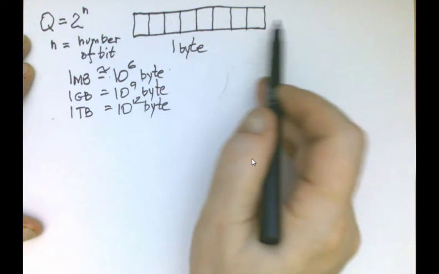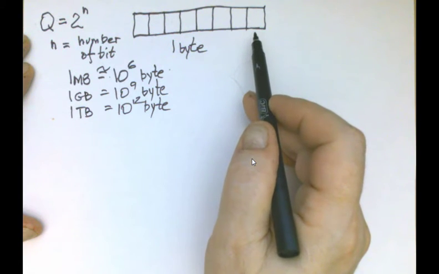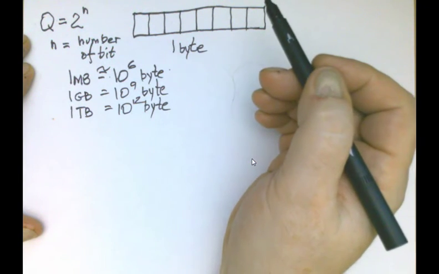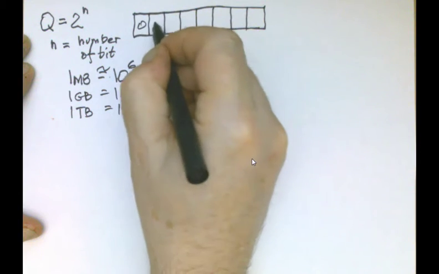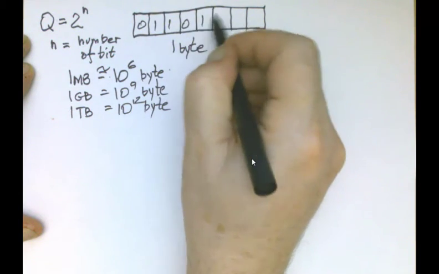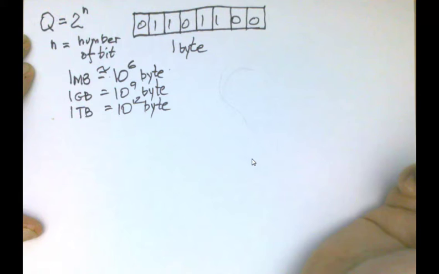This 8-bit placeholder is memory for 1 byte. I can place different bytes here, like 0110 1100, and that will be 1 byte placed in this memory cell.